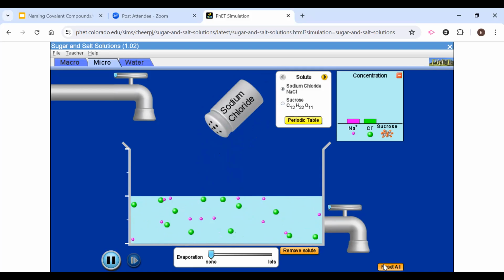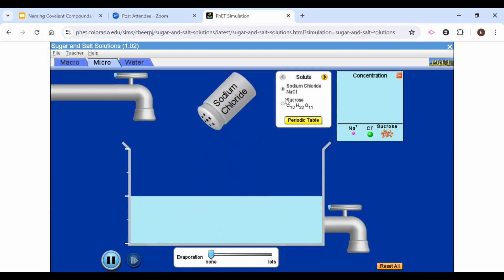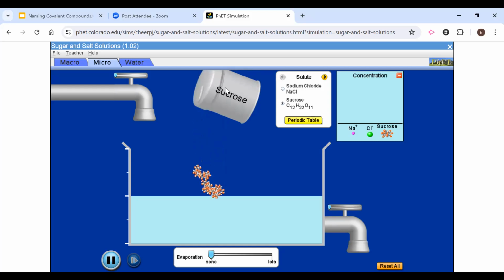Let's see what happens if we put sugar in water. Look at this. It's a molecule. It's not breaking apart. It's molecules, okay? The atoms are intact. It didn't break apart like the sodium chloride.